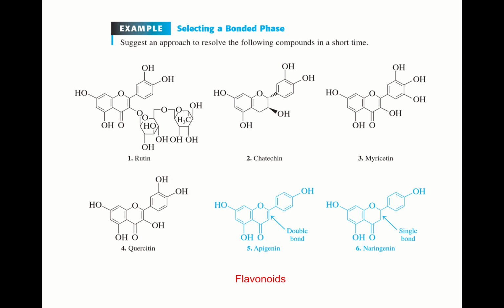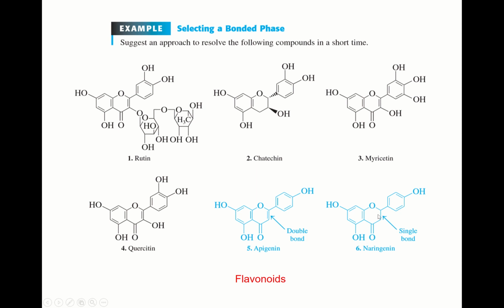But in naringenin, in this part there is no double bond. This part has pi electrons, and this one also, but it doesn't have them on this carbon and this carbon. Those electrons are not pi electrons.